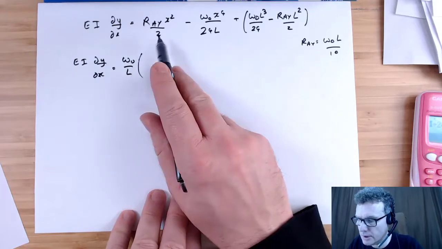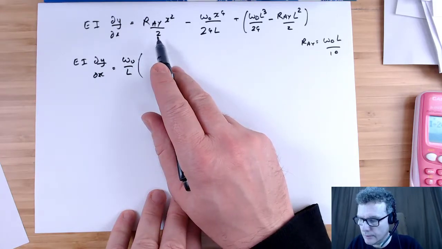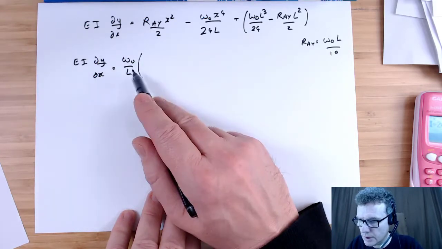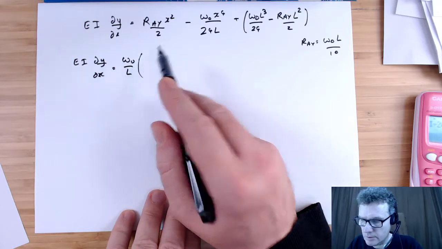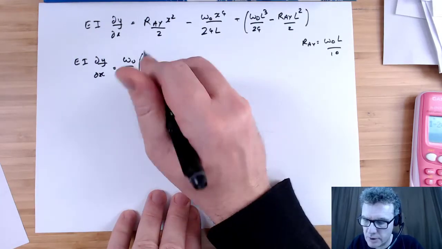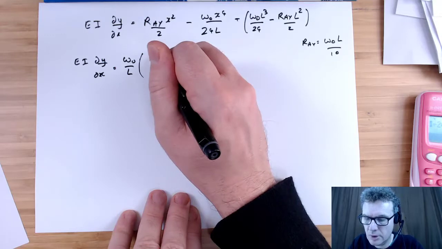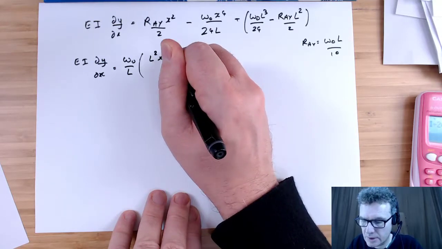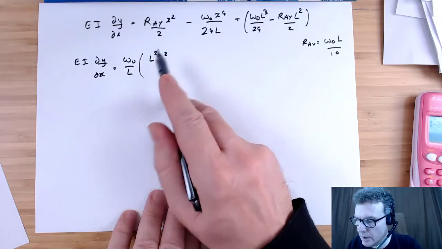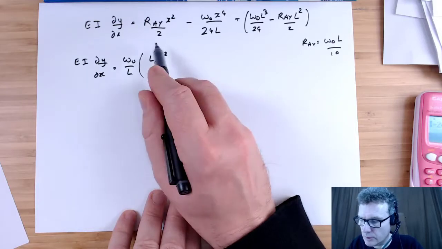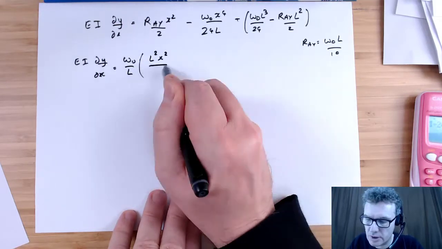Right, substitute that into there. I've taken out the L, so that needs to become L squared. So everything's going to be to the power 4. L squared x squared. And then on the bottom, we've got 2 times 10, so that would be 20.